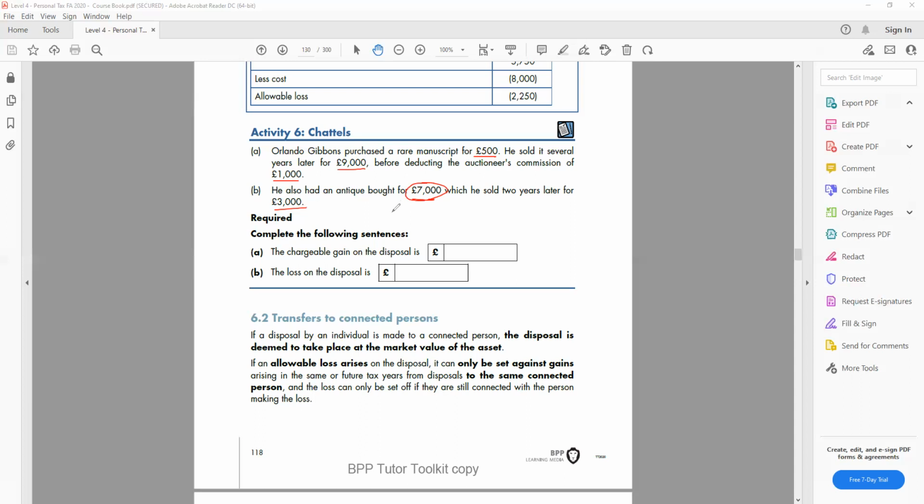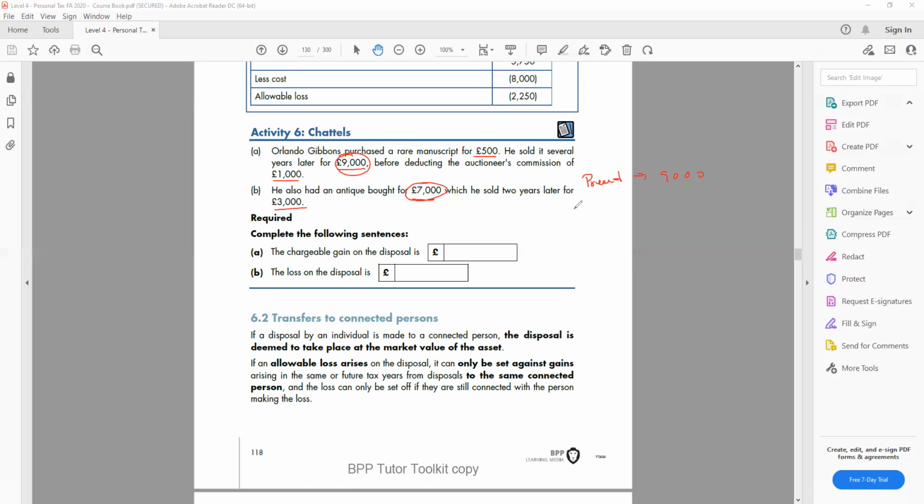So let's try to do that. The first one is the chargeable gain on disposal and the loss on disposal. So let's see the first one, chargeable gain on disposal. First we need to see how much the proceeds are. Sold it for 9,000. Any cost relevant to that?